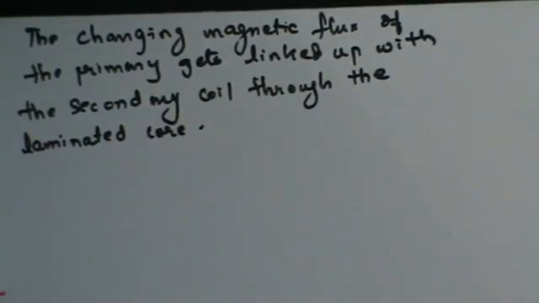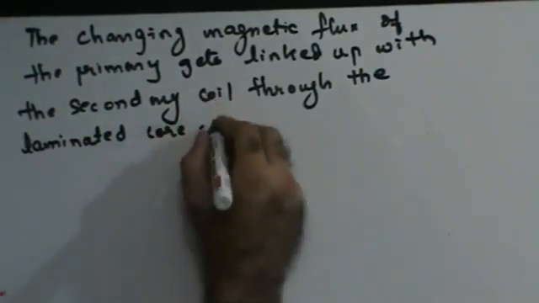Right? Now, as a result of this, alternating EMF is produced across the secondary.